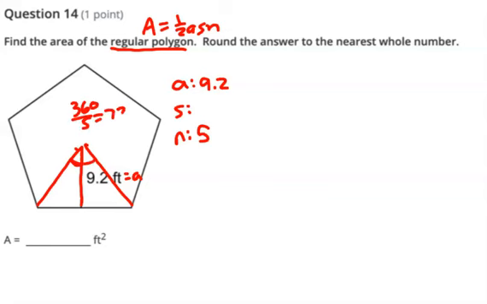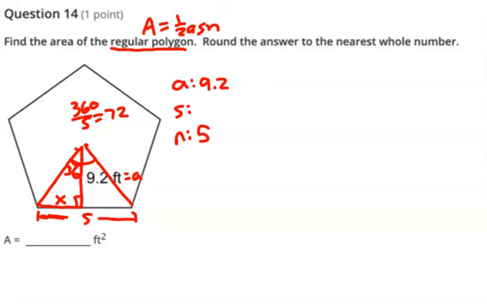That's 72 degrees. However, the A, called the apothem, cuts that in half, so I'm going to put a 36 in here. I'm going to use this right triangle to figure out what S is. What I can find right away is just half of it, this X right here.